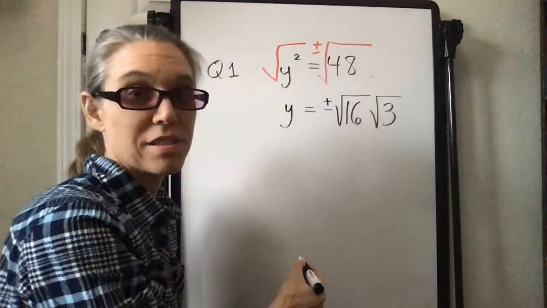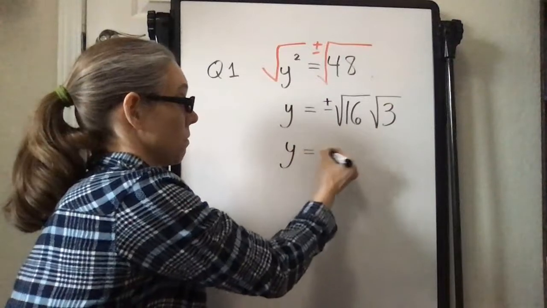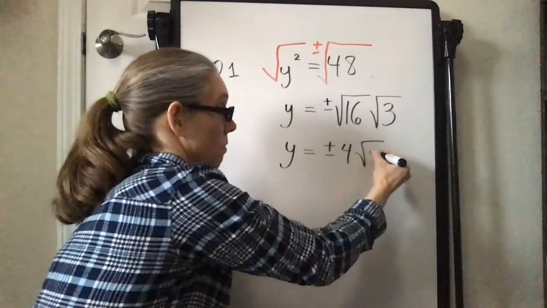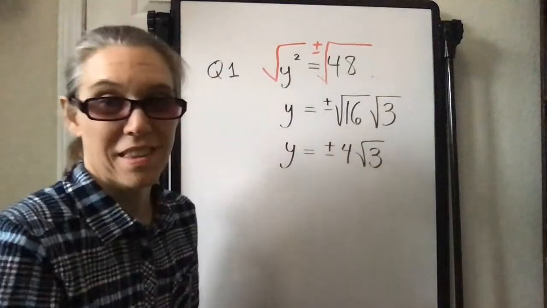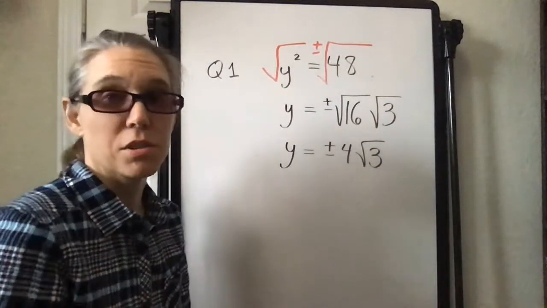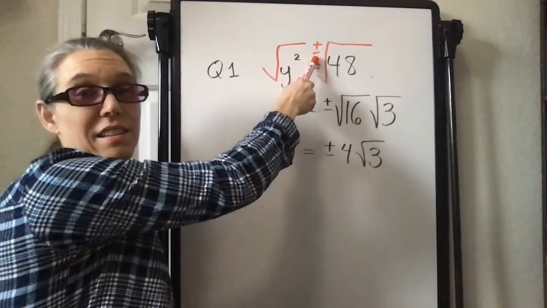The square root of 16 is, of course, 4. And we're done.